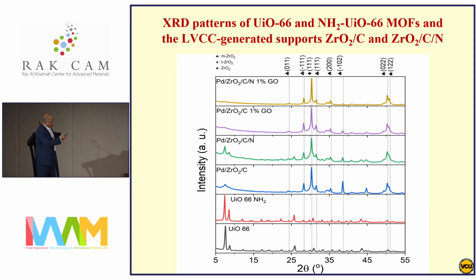Just because of the time, the point is we start with the MOFs, and after laser vaporization, controlled condensation process, we convert it to zirconium oxide that contains carbonaceous materials, or also contains carbon and nitrogen if we start with a MOF incorporating NH2 groups.